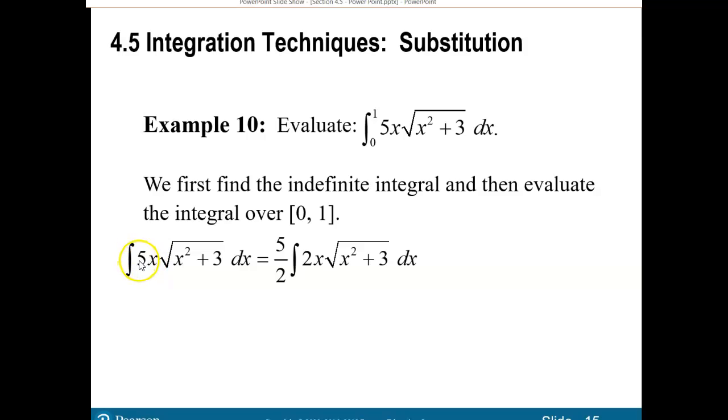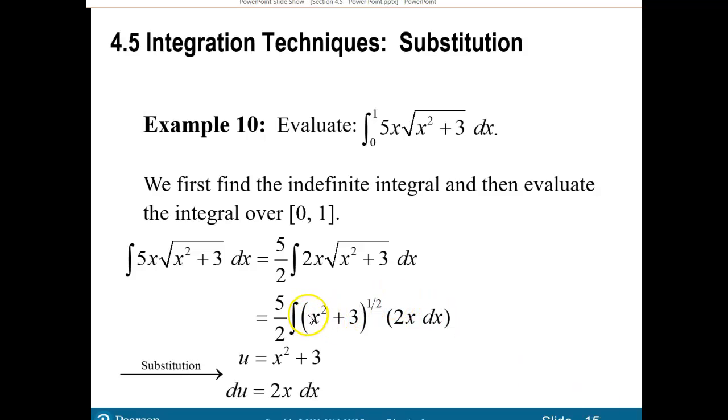So if you have a number there, it's just the wrong number, you can bring it out and then put the number you need there and then divide by that same number to compensate. All right, so they just pushed it back over here again, 2x dx at the end. They changed the square root to the power of a half, leaving the 5 halves in the front.